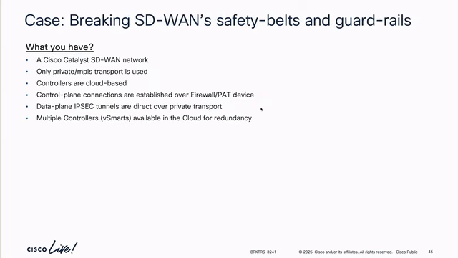So what do you have? You have an SD-WAN network, and you have only a private connection, so only an MPLS connection. But the controllers are residing in the Cisco cloud. So there is a specific device in the MPLS network which will do the IP address translation for your private addresses.